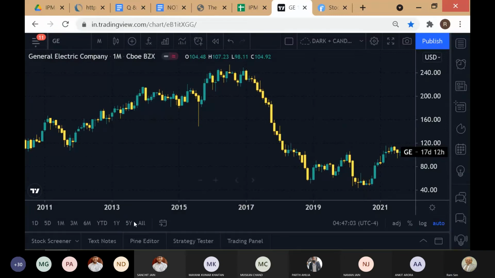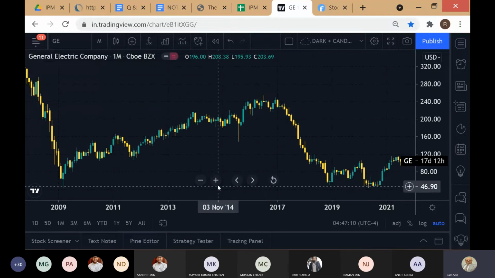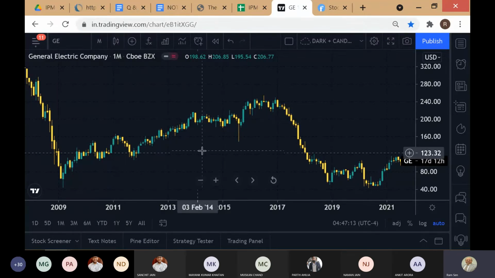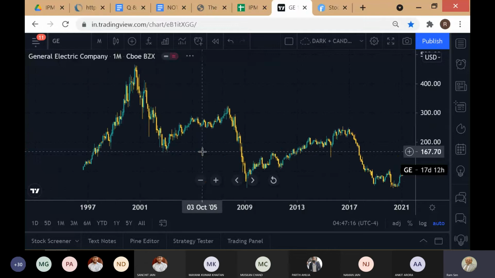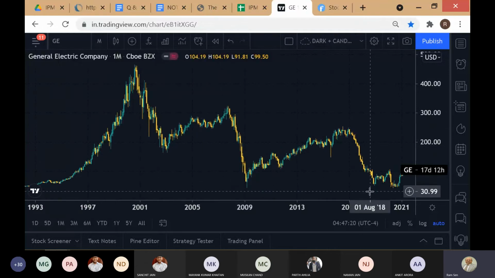For some reason this is not responding. But anyway, you can see now long-term data on General Electric. Okay, so this is a better example.